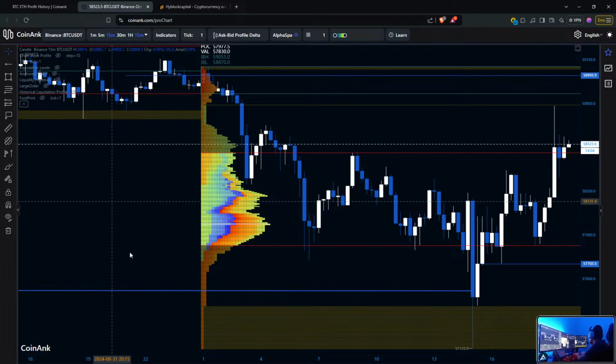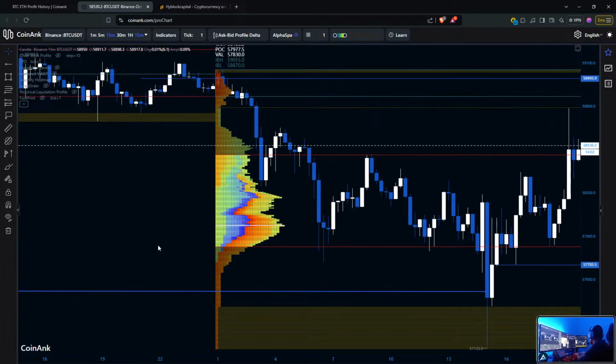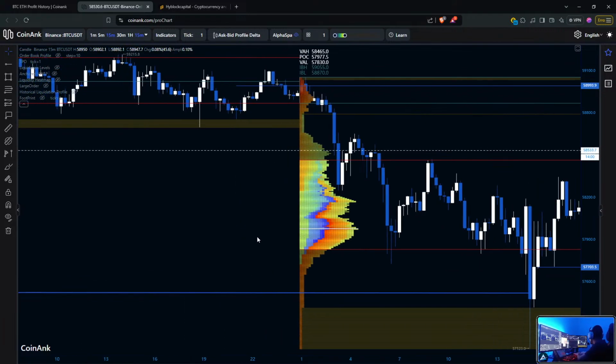It will also tell you what the selling and buying tails are. When you see something like this with such a short, in this case buying tail, you know that this is basically a low resistance level.